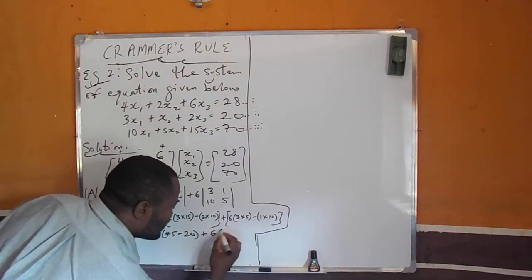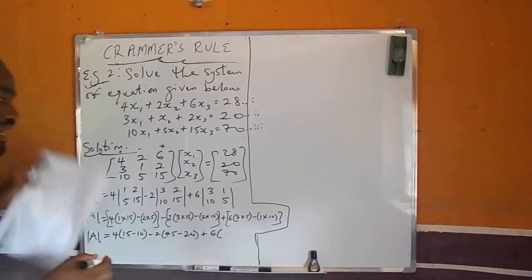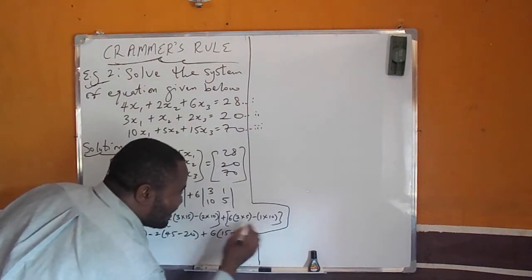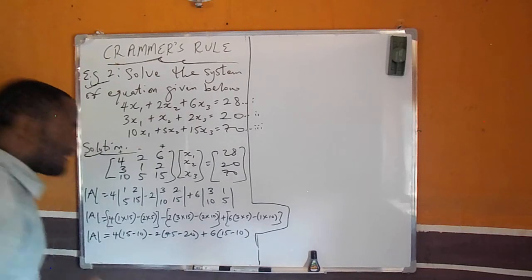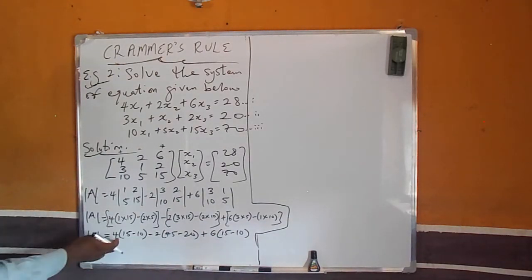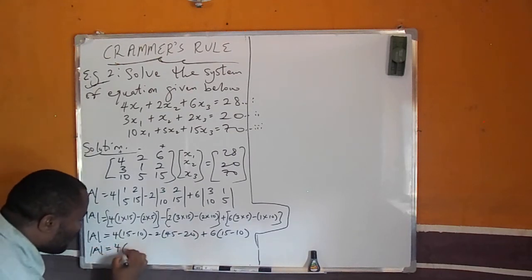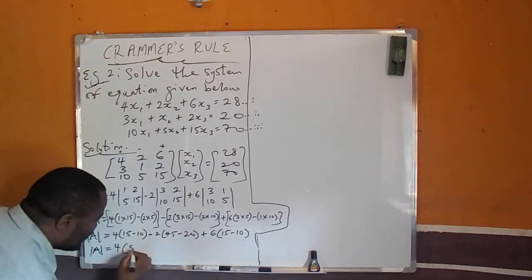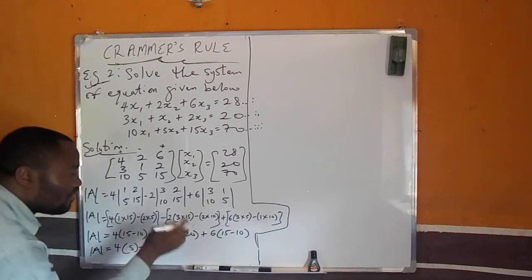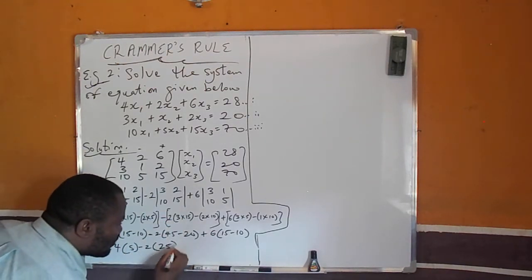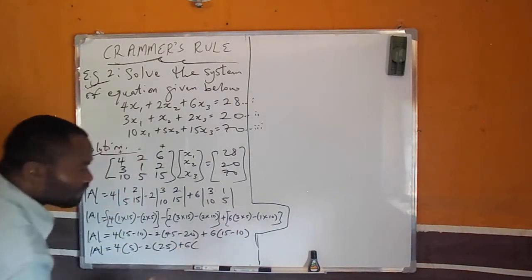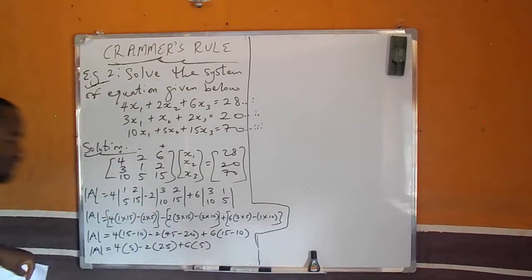Plus 6, bracket open, 3 times 5, 15, minus 1 times 10, 10, bracket close. So determinant of A equals 4 in bracket 15 minus 10, 5, minus 2 in bracket 45 minus 20, 25, plus 6 in bracket 15 minus 10, 5.